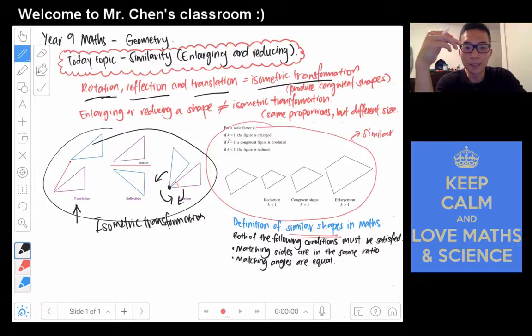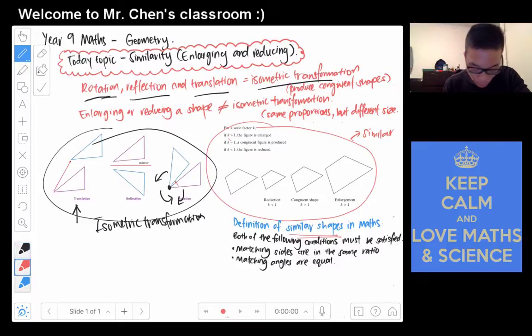In English, similarity means similar to, like two siblings or two twins will look similar. In this case, similar means you have to meet two conditions, which are stated below.